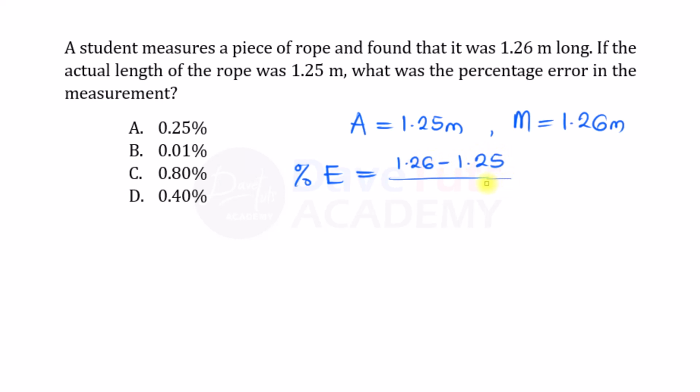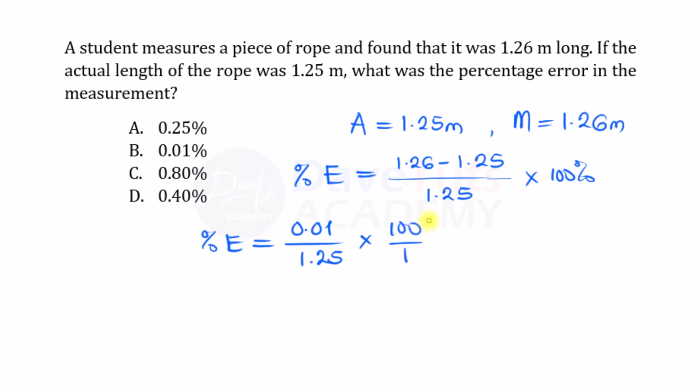Now we will be dividing by the actual, which is 1.25, then times 100%. So if you want to evaluate this, the percentage error will be 1.26 minus 1.25, which is 0.01, over 1.25 times 100 over 1. Now let's use a number of indices, because this will eventually work out interestingly.